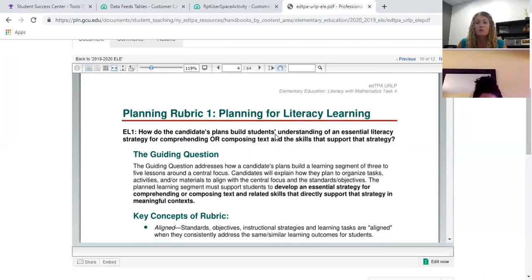Remember how we talked about when you're teaching that content to the students over the 3 days, you should get deeper into students having deeper levels of thinking, such as noted on Bloom's taxonomy or Norman Webb's depth of knowledge. So when you're helping students get to those deeper levels of thinking related to your essential literacy strategy, you are meeting rubric 1.